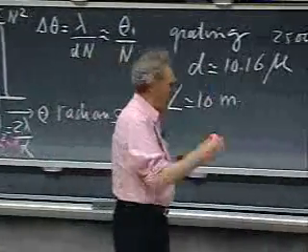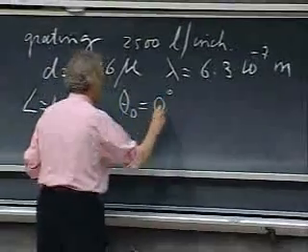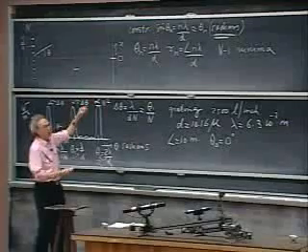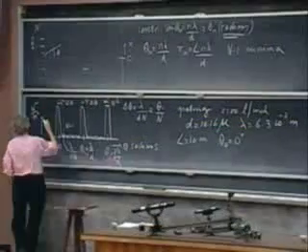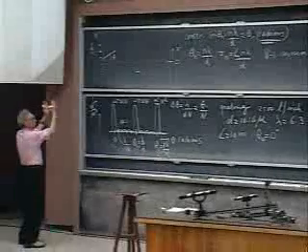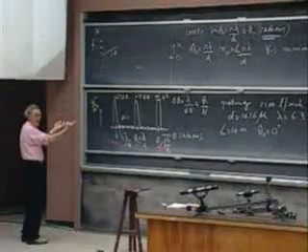So I can predict now where the 0 order will be. When n is 0, that is 0 degrees. That's immediately obvious. I use that equation. If n is 0, the 0 order is always right at the center, provided that all these sources are in phase. And they will be in phase because I use plane waves. So Huygens will tell you that they're going to oscillate exactly at the same time.